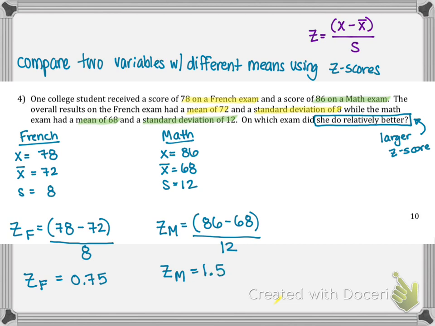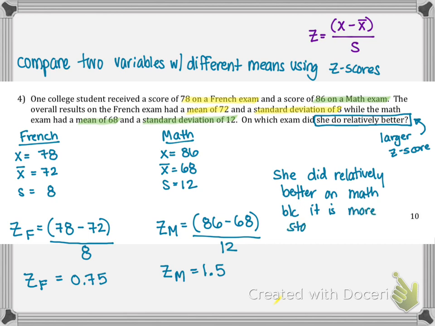So based on what we said at the beginning, on which exam did she do relatively better, comparing the two sizes of the z-scores, she did relatively better on math. And I'm going to say because it is more standard deviations above the mean than French.